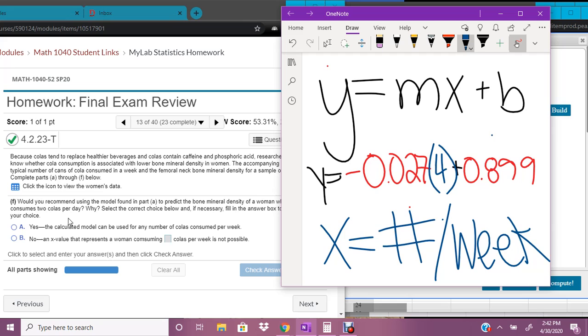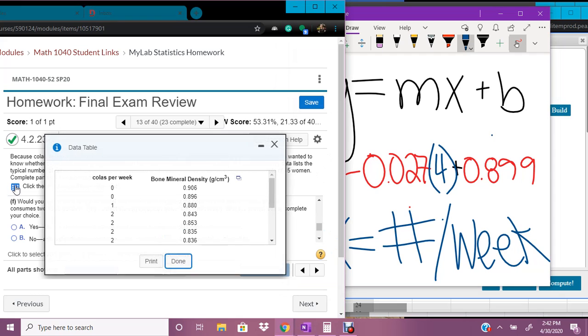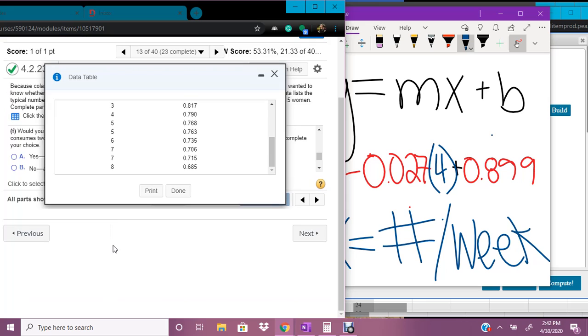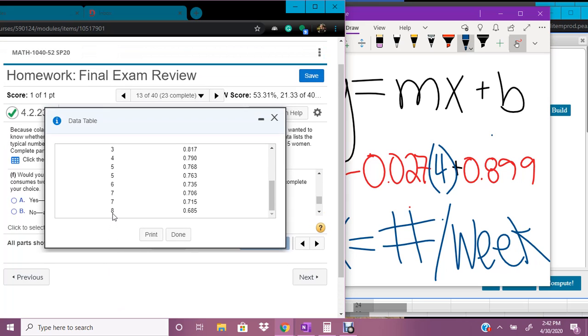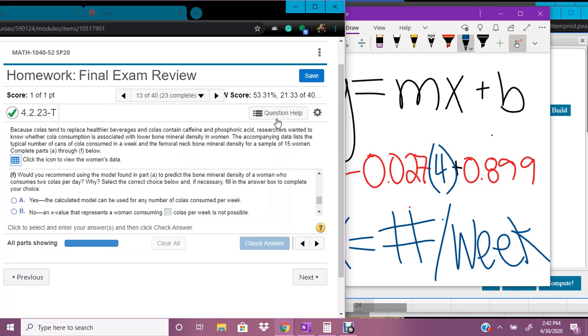That's 14 colas per week, right? Because there's 7 days in a week, and 2 a day is 14. If we look at our data, the highest number of colas per week that we gathered information from is 8. And 14 is almost twice as much as 8, right? And so it is way out of the scope of the model. We can't use this line to go up that high because it's not within our data points. And so we're going to say no.